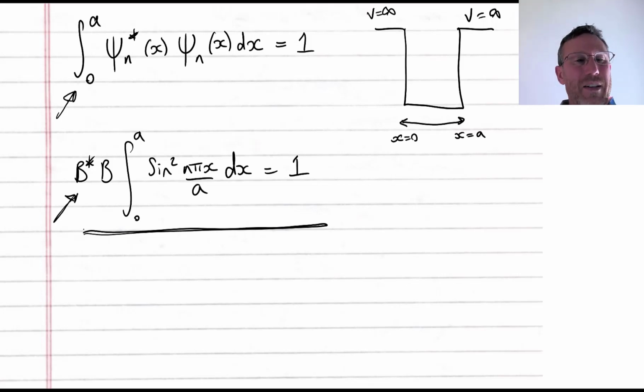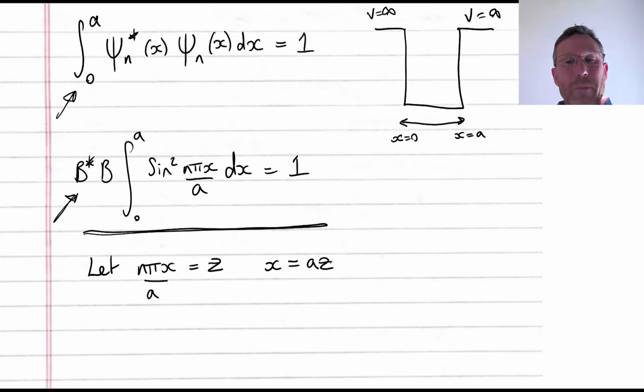What we're also going to do is let n pi x over a be equal to z. By the way, let's just move this around a little bit. What is x equal to, therefore? x is equal to a times z over n pi. What else can we do in here?